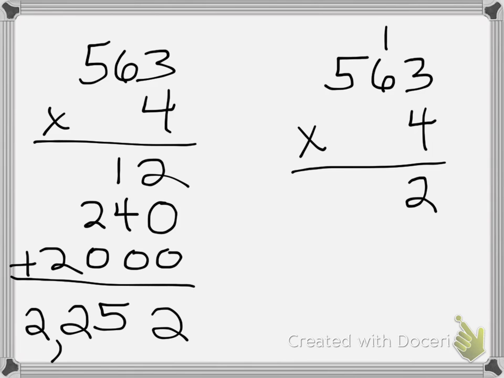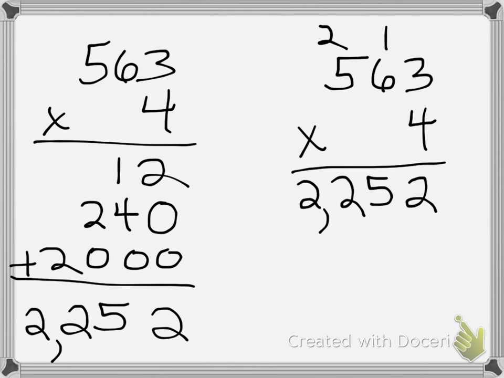Again, we could not write 25 in the tens place. We know the value is 250, but what we're going to do is put the 5 ones here, because again, we're going to be exchanging those 2 groups of 10, that 20, for 2 hundreds. And now we're going to multiply 4 times 5 is 20, plus 2 more is 22.